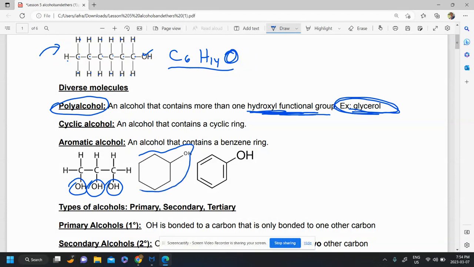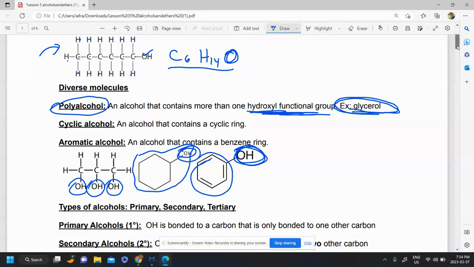So cyclic alcohols are basically just cyclical molecules with a hydroxyl group attached to it. And you can also have aromatic alcohols, which are alcohols that have a benzene ring and the OH on them. So very diverse molecules that functional group adds another layer of diversity, and also other characteristics that just the regular hydrocarbons don't have.